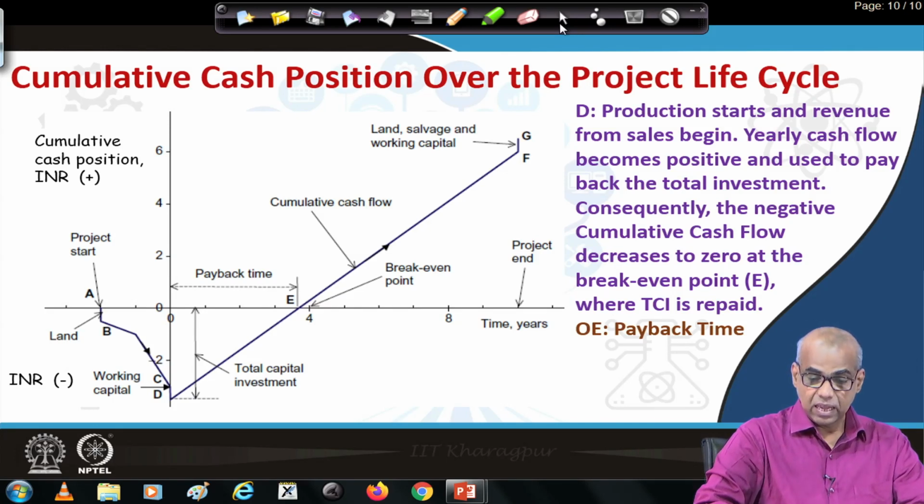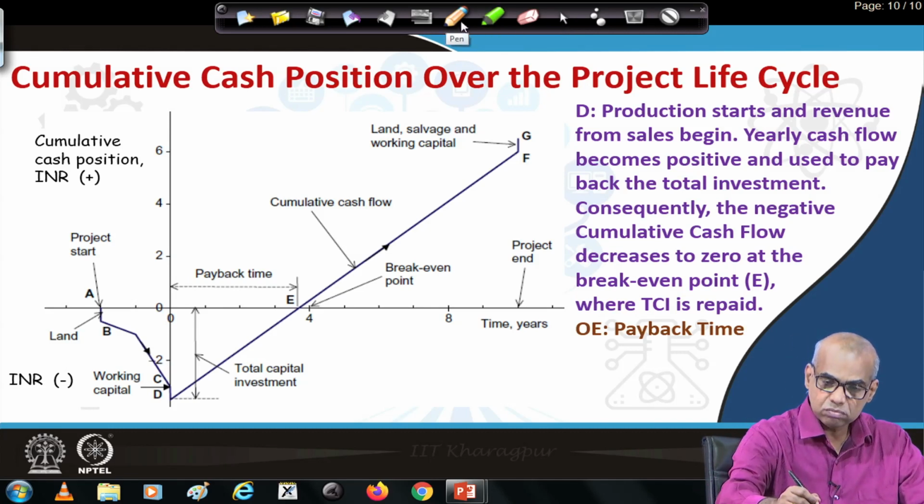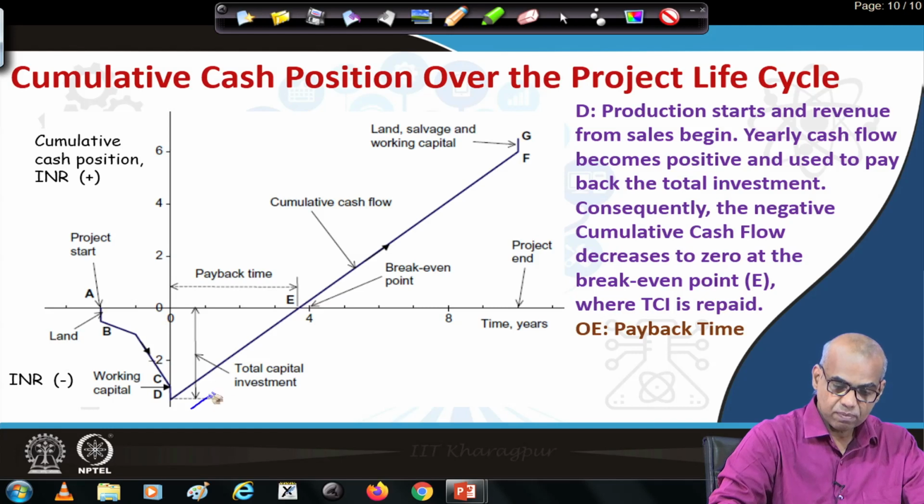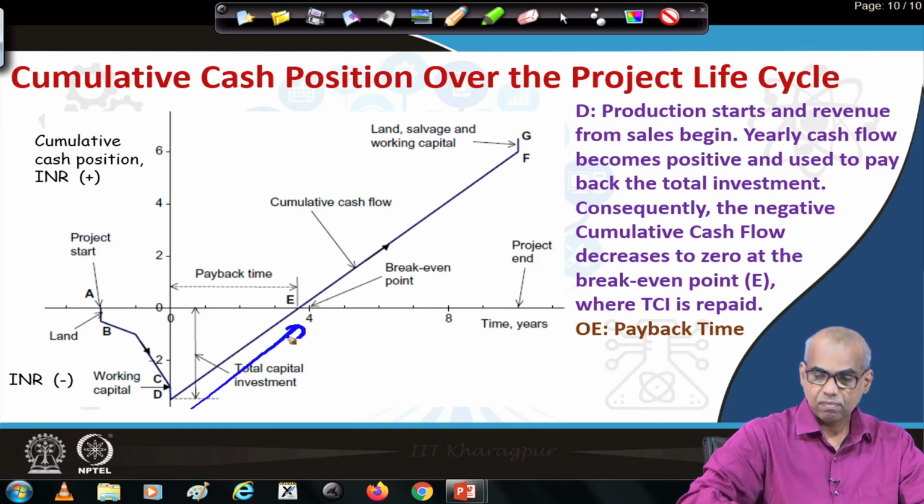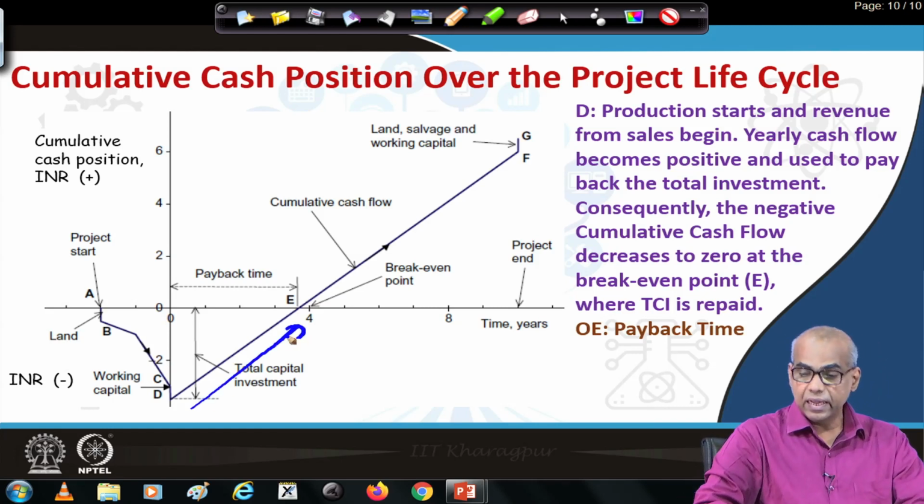But as time progresses, you earn more and more revenue, and the negative cumulative cash flow decreases.